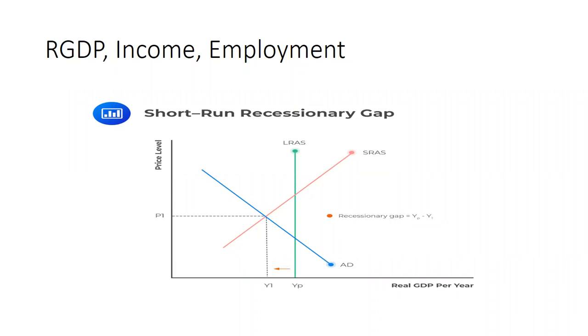The price level is on the vertical axis, and the price level can be measured by the GDP deflator. Now, of course, they could ask you about the horizontal axis, which would be real GDP. So beware of just knowing both axes, which I think you guys would be pretty good with.